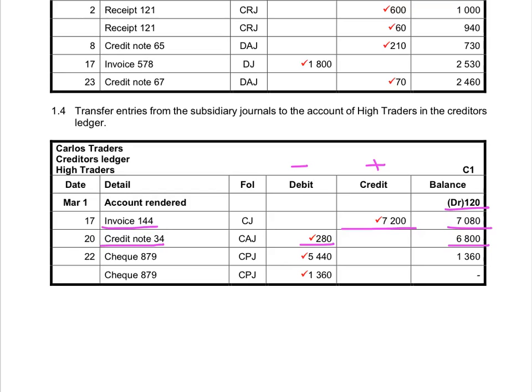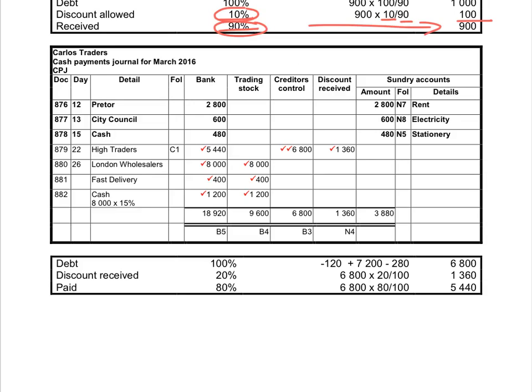So we are now paying this 6,800 after we receive discount. The debt is 100%, the discount is 20%, and we pay 80%. We calculated the debt in his personal account to see that we owe him 6,800.